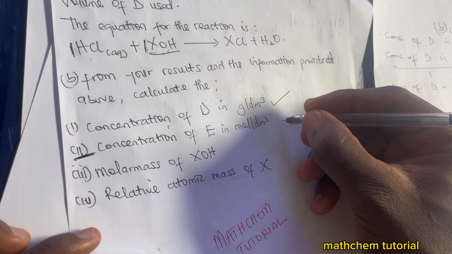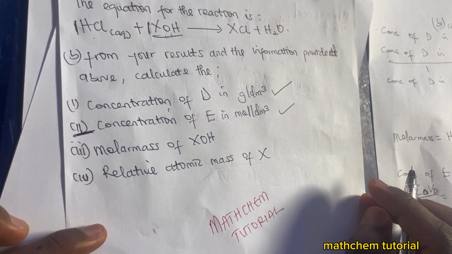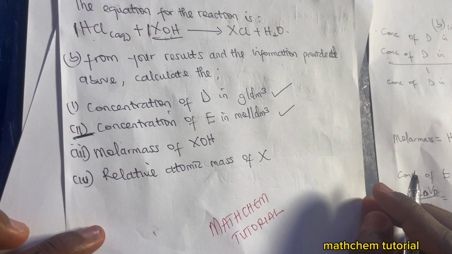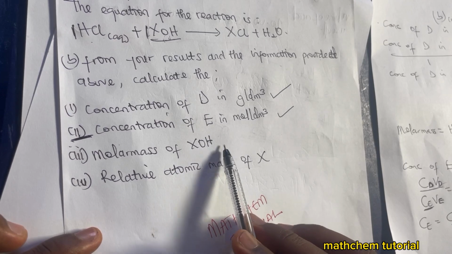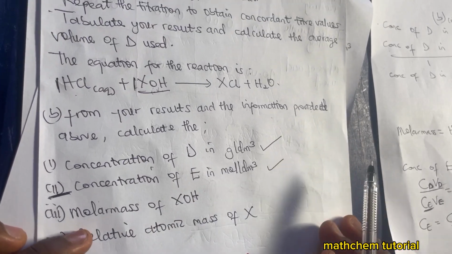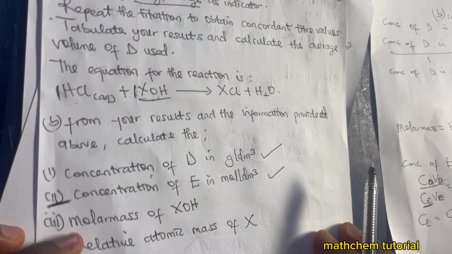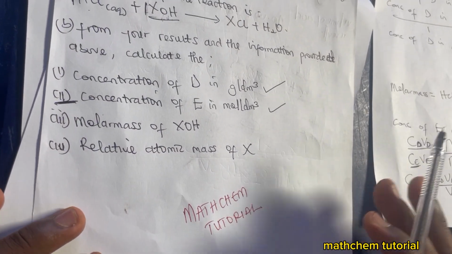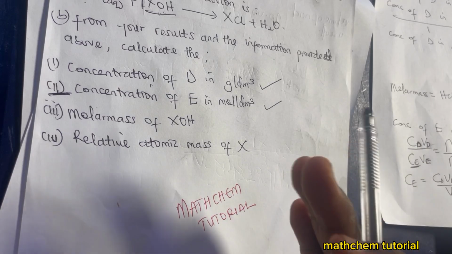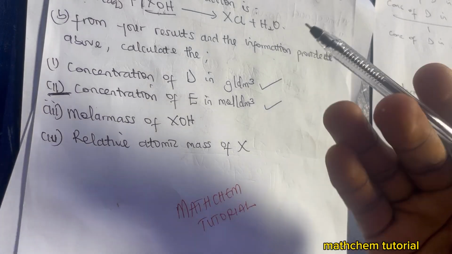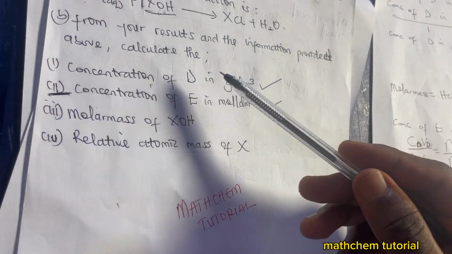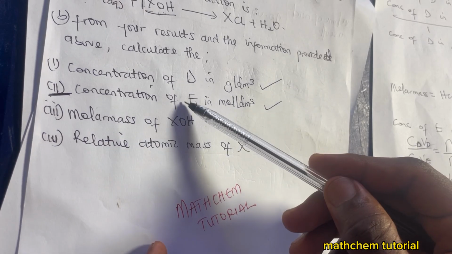Okay, so I've answered this question now. The next thing to do is the molar mass of XOH. You get it now? Now, if you want to find the molar mass of XOH, look at this. In chemistry practical questions, each question helps the other.